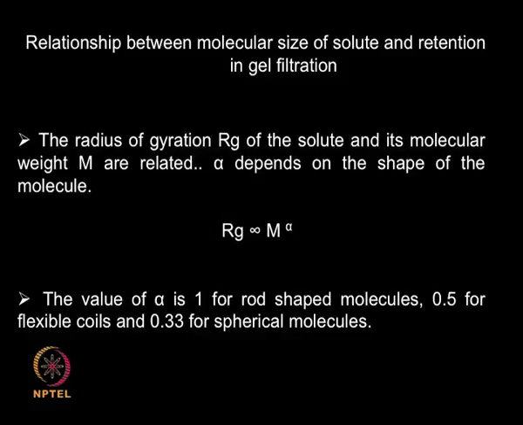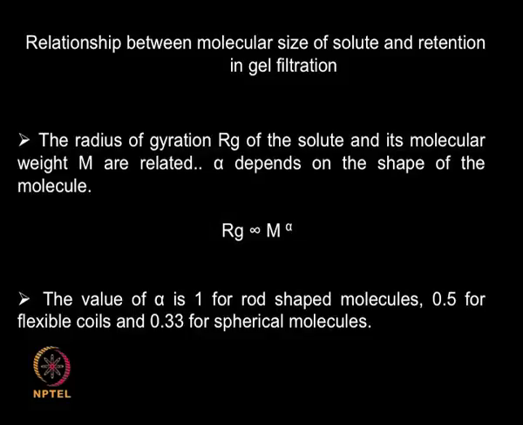So alpha is equal to 1 for rod shaped molecules, it is 0.5 for flexible coils and 0.33 for spherical molecules. So you can see that although the size, that is the radius of gyration, increases with increasing molecular weight, it is not all the time a linear increase, but it depends upon the shape.